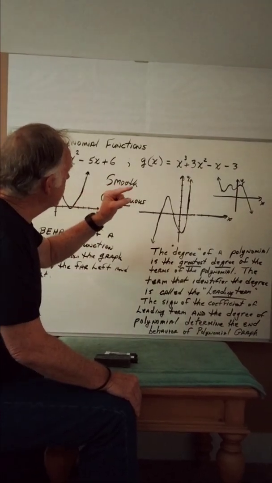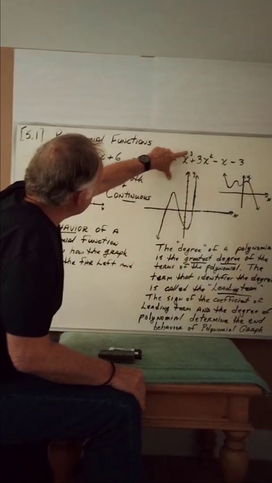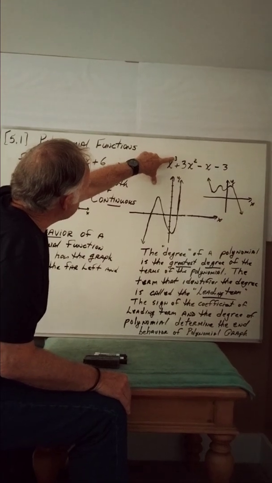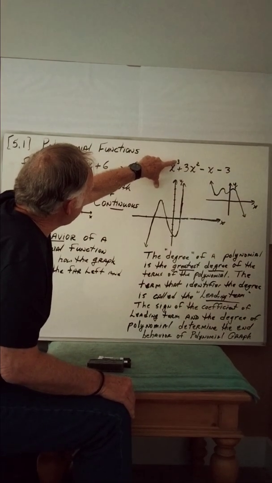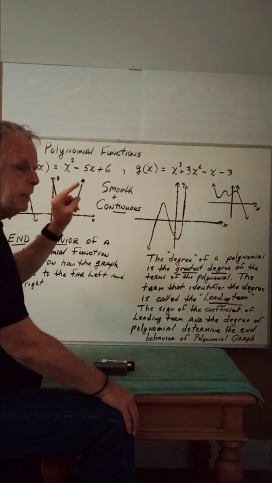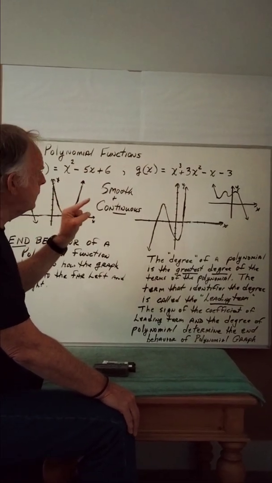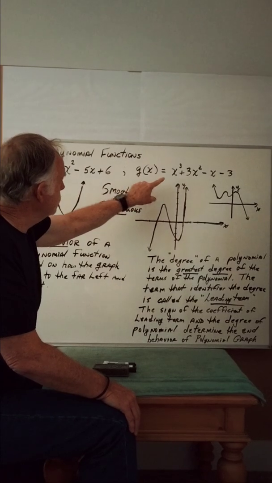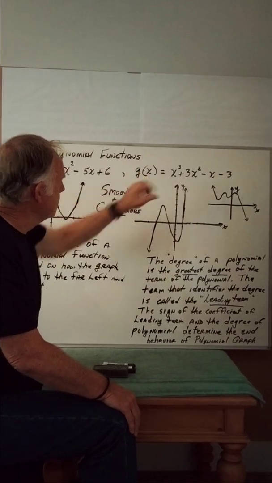One of those things is the exponent, which is going to classify the degree of the polynomial, and secondly, the sign of the coefficient of that lead term.